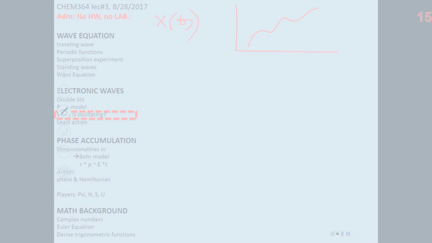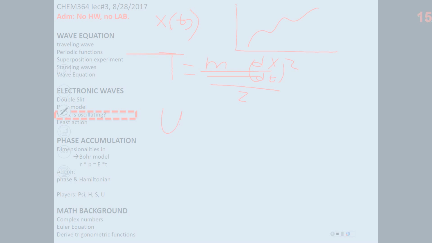Then at each point of time you can find velocity as the derivative of position, right? You can find kinetic energy, and you can find potential energy. Kinetic energy can be mass times velocity squared divided by 2, right?